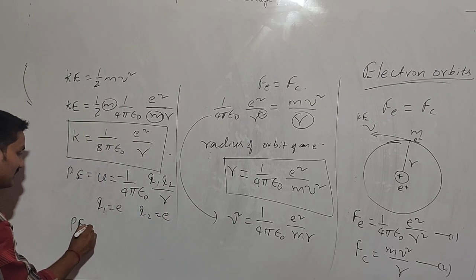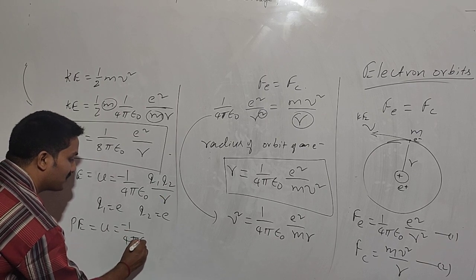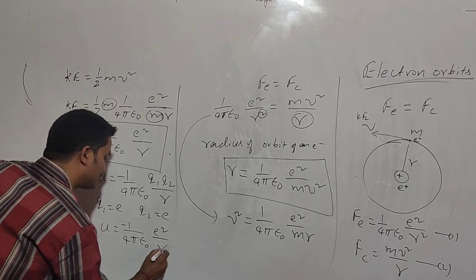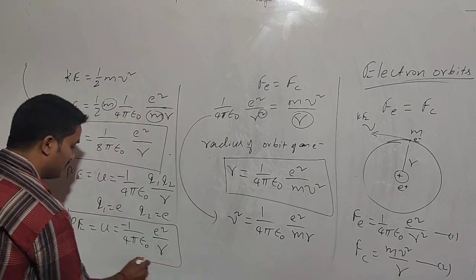Then the potential energy U is equal to minus 1 by 4 pi epsilon naught e square divided by r. This is the potential energy.